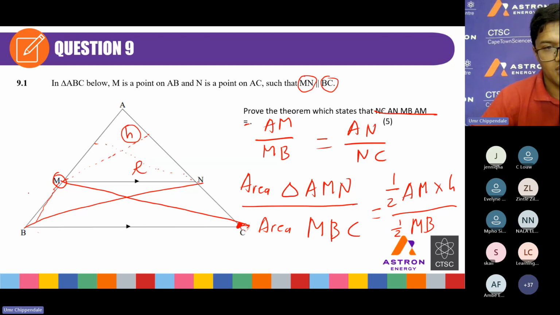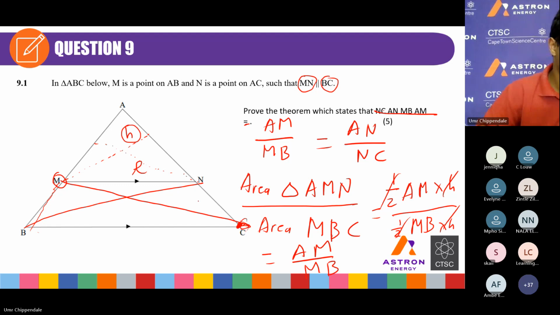It will eventually lead up to here as its base, because it's dealing with that triangle MBC. We're also going to have it as H. Then what's going to happen here? They will cancel, and that will cancel. So that area is going to be equal to AM over MB. So that is this: AM over MB.